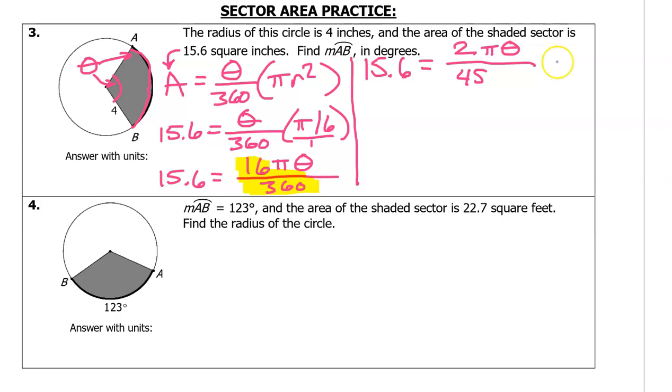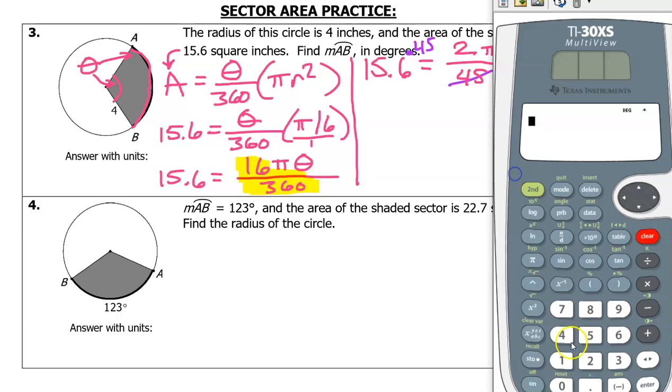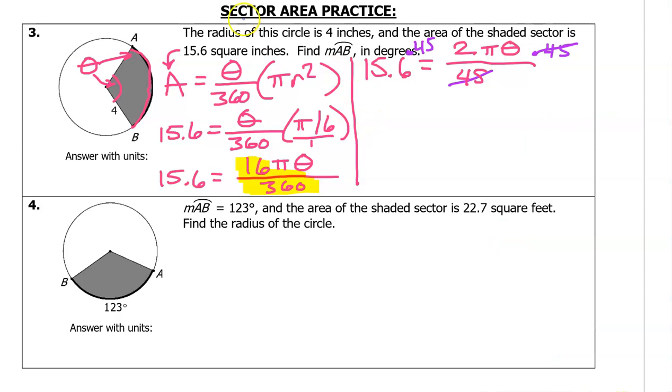So to get theta by itself, we need to multiply by the denominator. We're going to multiply both sides by 45. These 45s will cancel each other out. So 15.6 times 45 is 702.